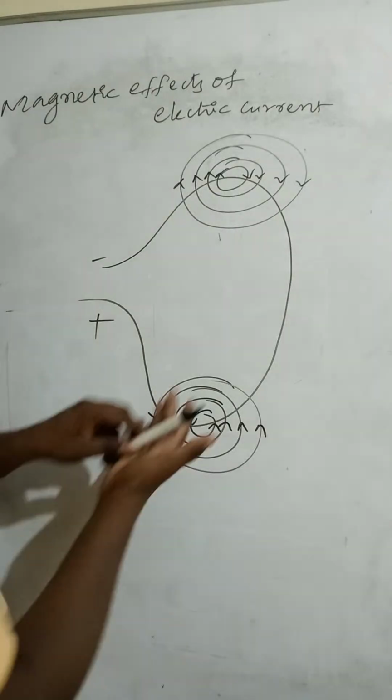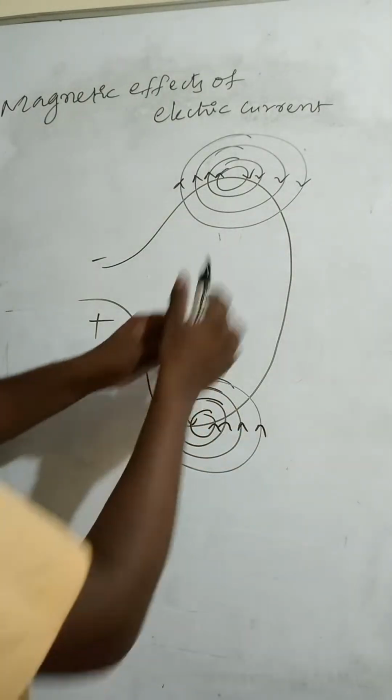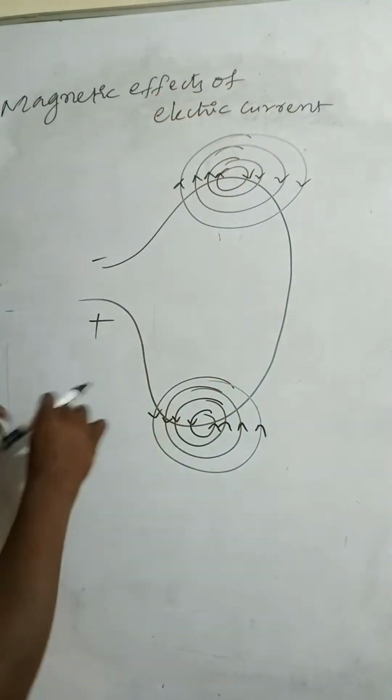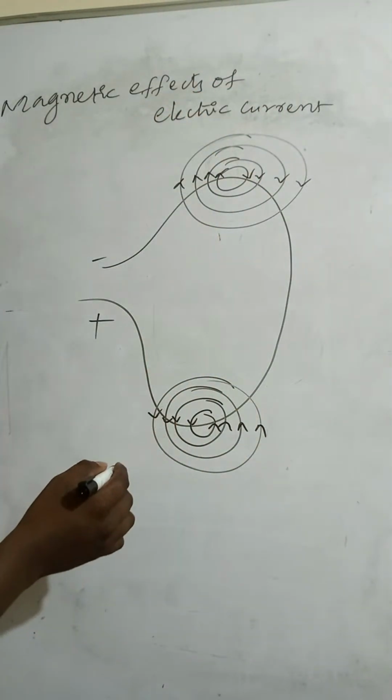If the current is passing like this, the magnetic field will be like this. When you keep on going, it keeps on changing.